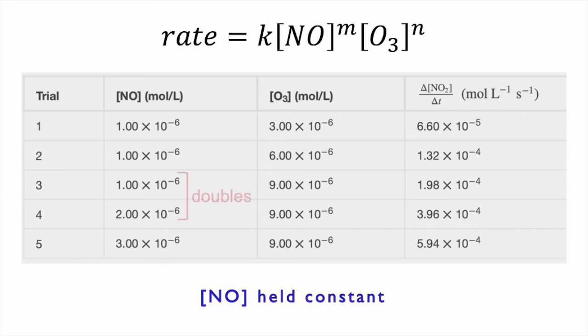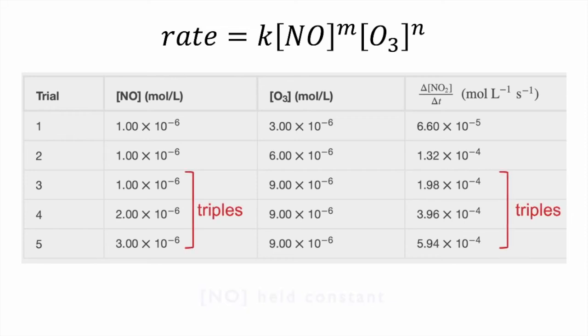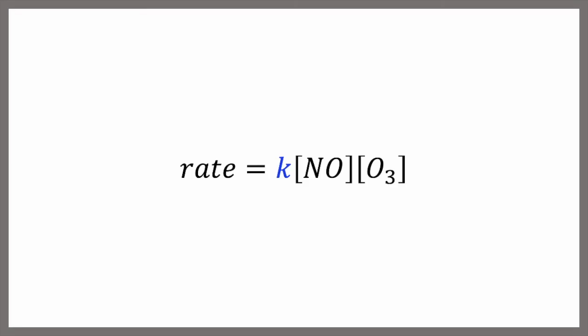Notice that when the concentration of ozone doubles in trials 1 and 2, the rate also doubles. When the concentration of ozone triples in trials 1 and 3, the rate also triples. So the order of the reaction in O3, in ozone, is 1. And our rate law is rate equals k times the concentration of nitrogen monoxide times the concentration of ozone, and both of those are to the first power.